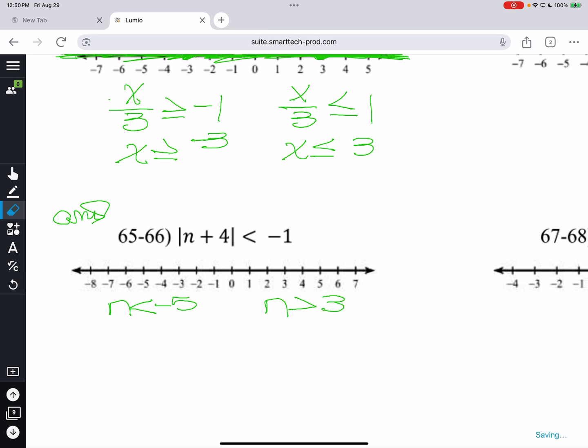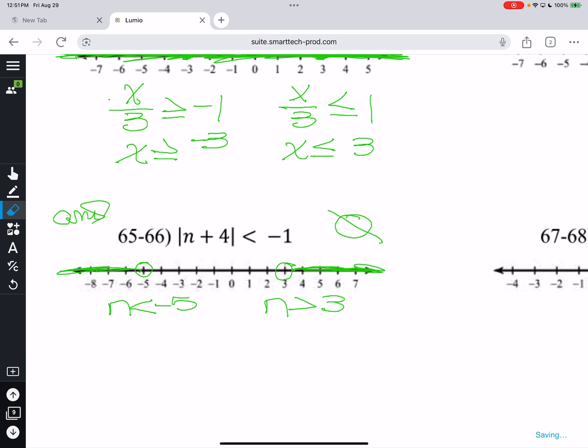All right, we go to -5 and we use circles, circle at -5, circle at 3. Okay, so n is less than -5, goes this way. N is greater than 3, goes this way. It's supposed to be an and, but it created an or. So no solution.